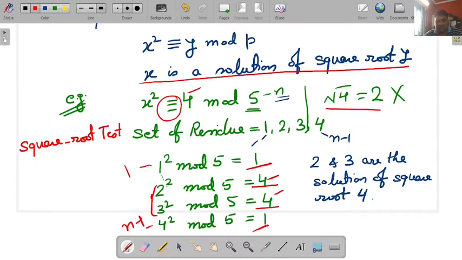If at place 1 and at place n minus 1 you are getting 1, then it is a prime number. So I can say 5 is a prime. Let us understand this concept in a better way.